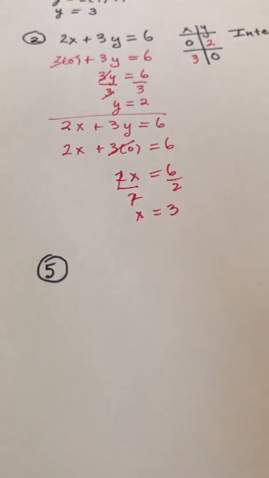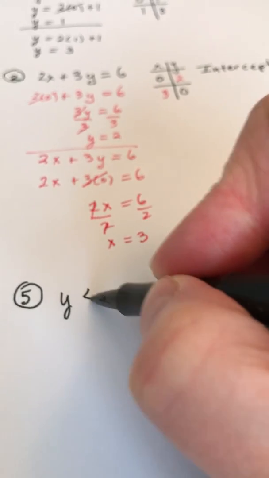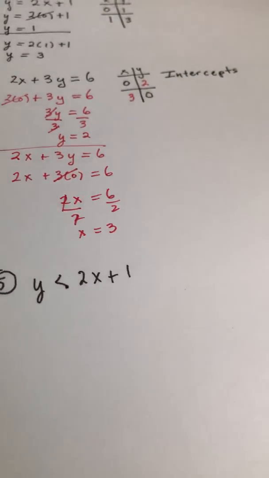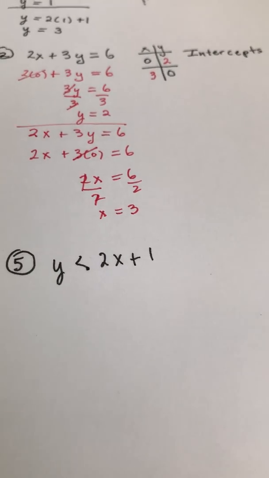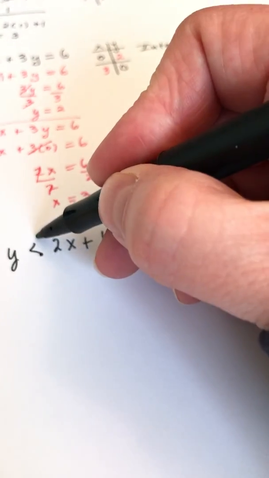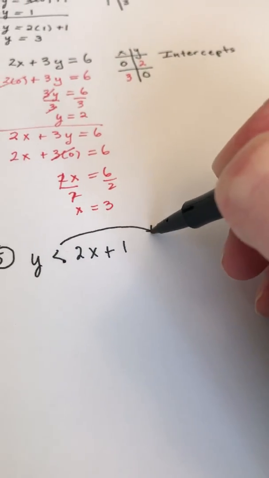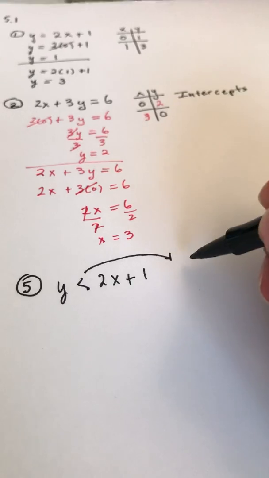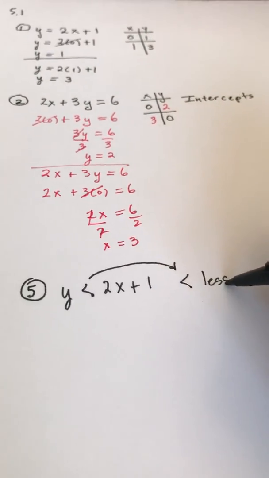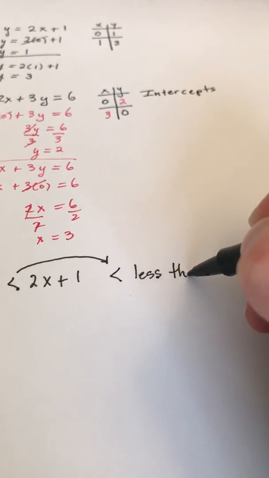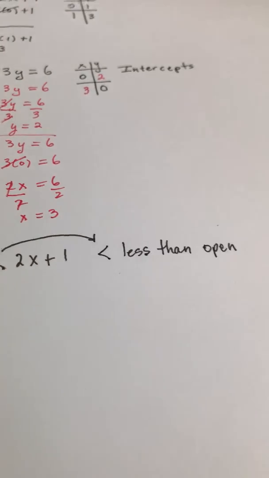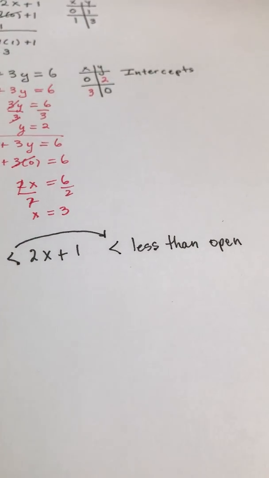So 5 is y is less than 2x plus 1. To graph this, it's going to be the line, shaded on one side of the line or the other. Let's remember that this is less than, and it's also going to be an open boundary, open because there's no equal.